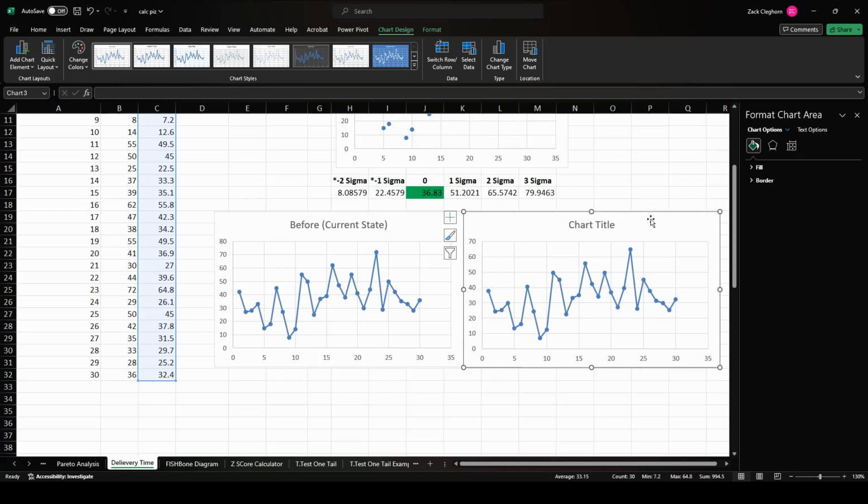So is there a statistical difference in the average? Well, you have to think about what you created. You reduced the downtime or the variation in the process by 10%.